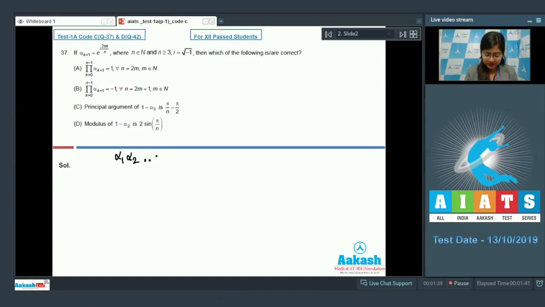when k is n minus 1, that is alpha n, which is equal to, putting k equal to 0, let's take e raised to the power iota 2 pi by n common. So we will get k as 0 plus 1 plus 2 and so on up till n minus 1, which is further equal to e raised to the power iota 2 pi by n into the sum of this series, which will be n minus 1 into n divided by 2.